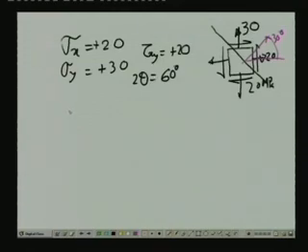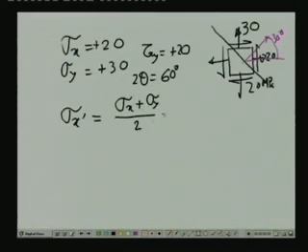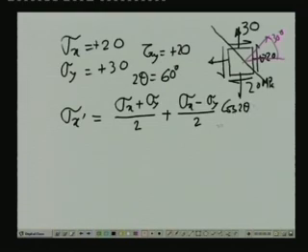The transformation equation, as we have observed, sigma x dashed, which is at an angle of theta, which is 30 degree in this particular case, is equal to sigma x plus sigma y by 2 plus sigma x minus sigma y by 2 cos 2 theta plus tau xy sin 2 theta.